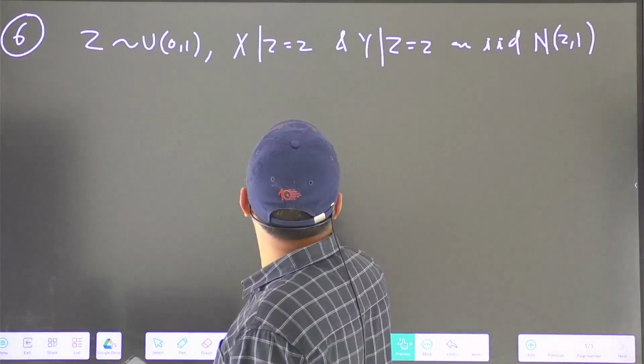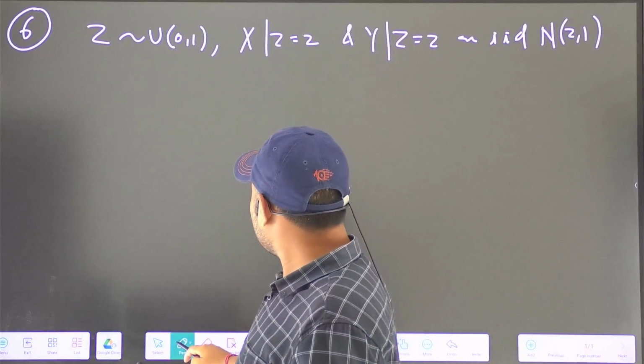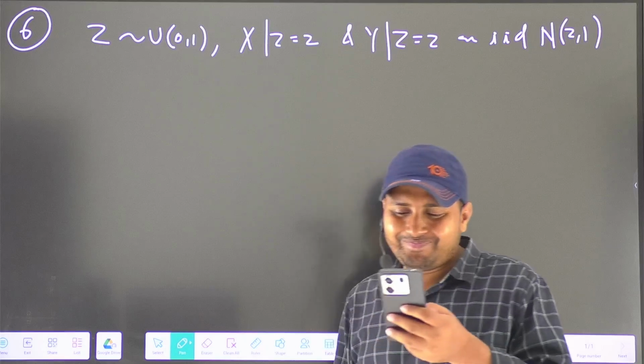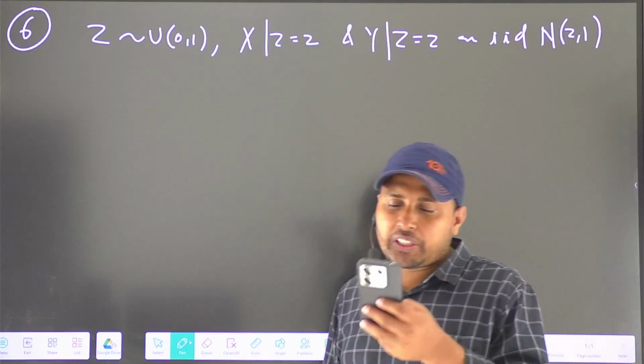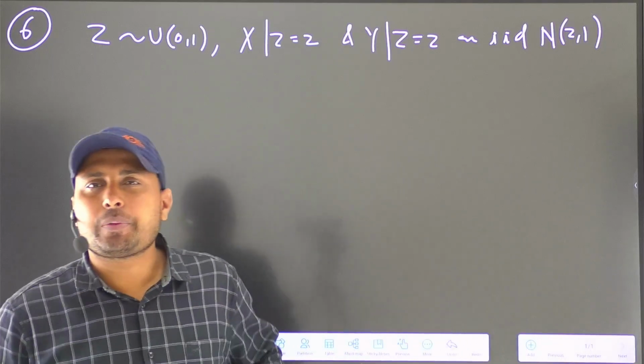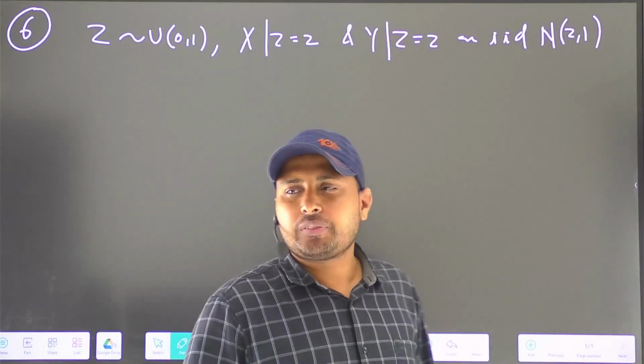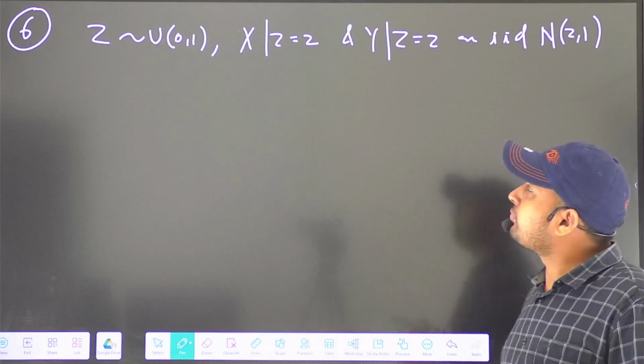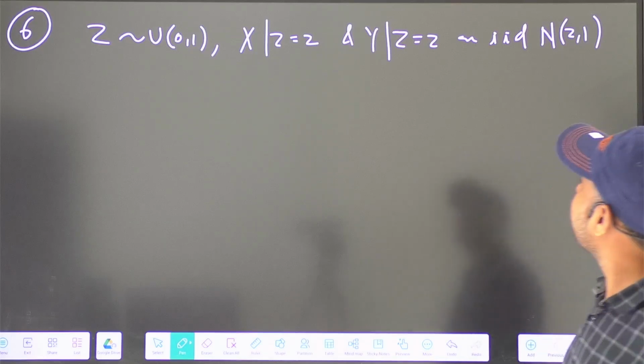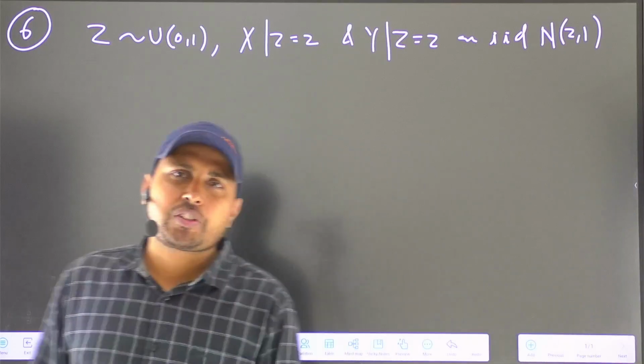Now, verify whether X and Y are independent. So do you think X and Y will be independent? That is what you have to check. So how will you check whether X and Y are independent or not?